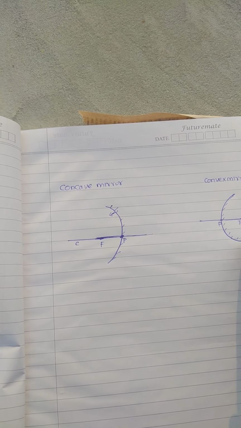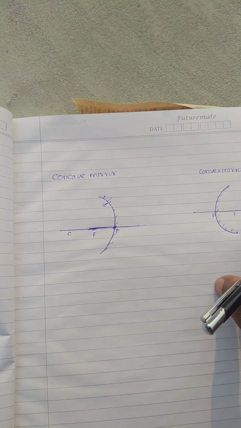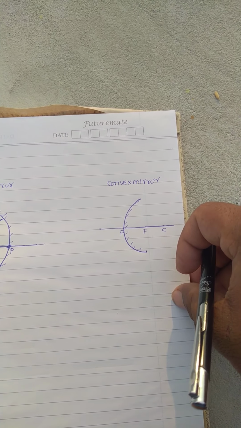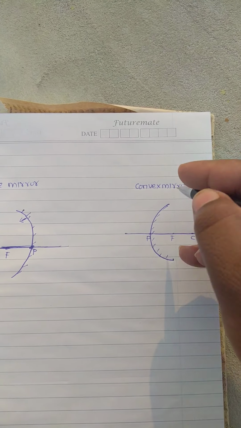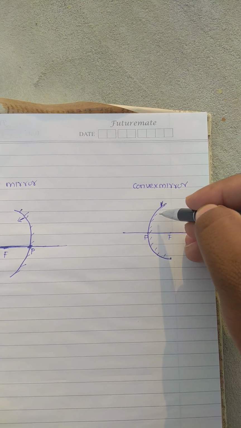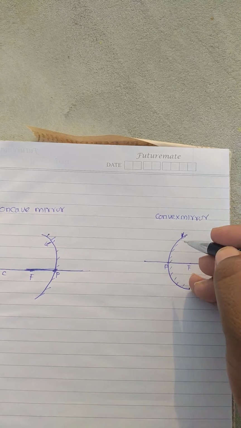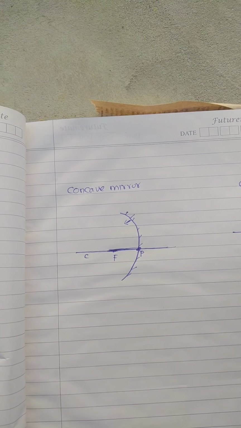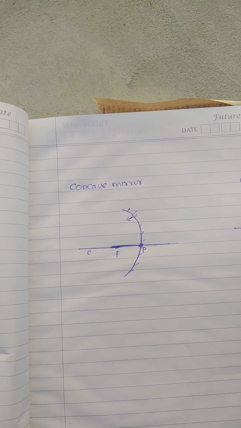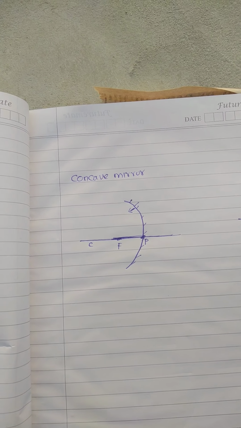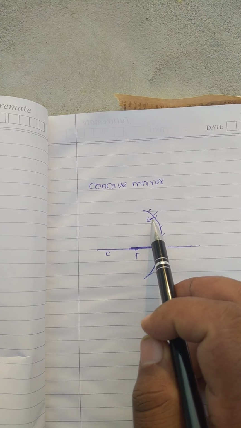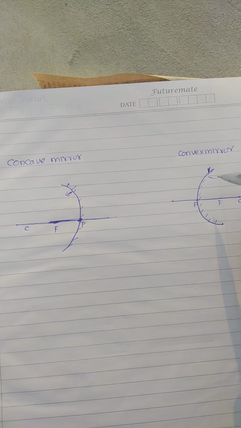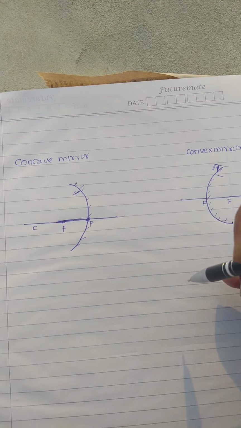A convex mirror is also a spherical mirror whose reflecting surface is outside, and this side is the silver coated surface. So once again I recall: a concave mirror is a spherical mirror whose reflecting surface is directed inside, and a convex mirror is a spherical mirror whose reflecting surface is outside.